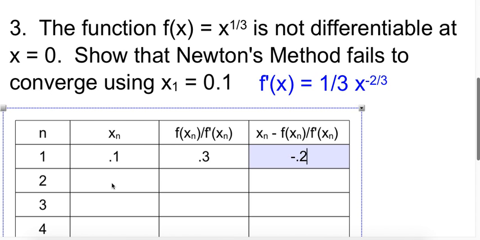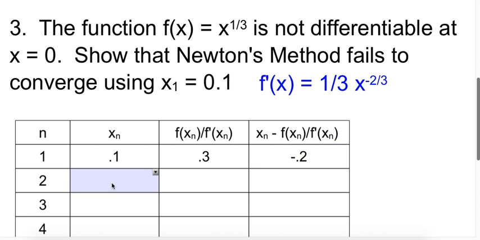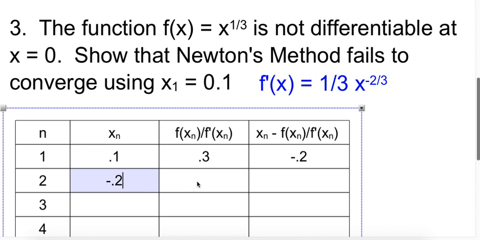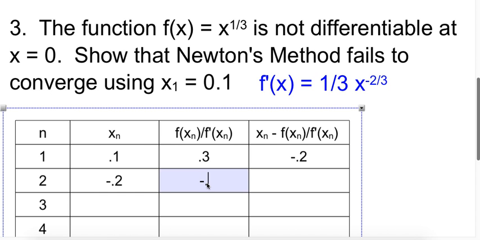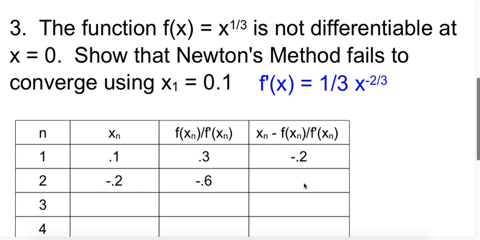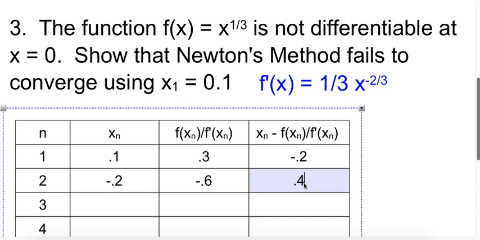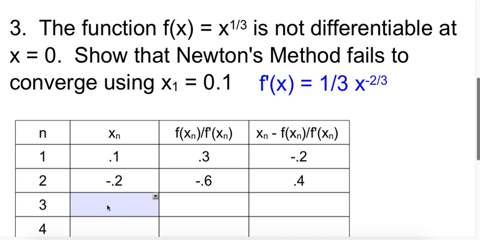Okay, so this becomes our new xn for our next iteration. And I know I'm going through these kind of fast. You obviously can do this on your calculator. So when we do f of xn divided by the derivative of f at xn, let's see, negative 0.6. And when we subtract those two, we get 0.4. So for our next iteration, 0.4 is our starting value.